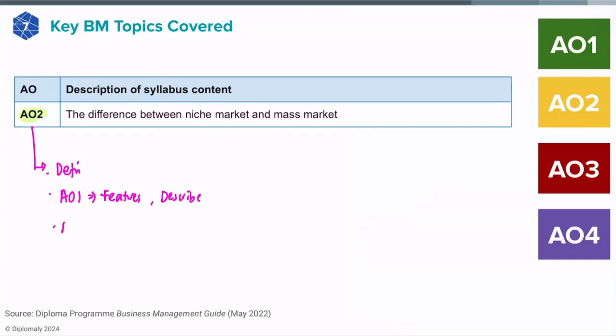And of course, an AO2 question that looks at, for example, the advantages and disadvantages of a business operating as a niche market or as a business with a focus on marketing towards the mass market.